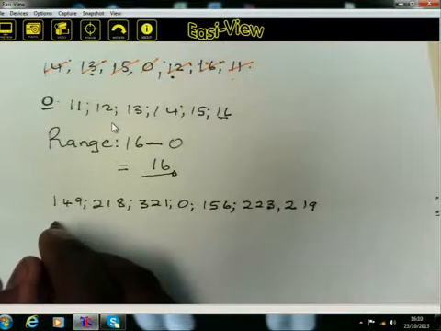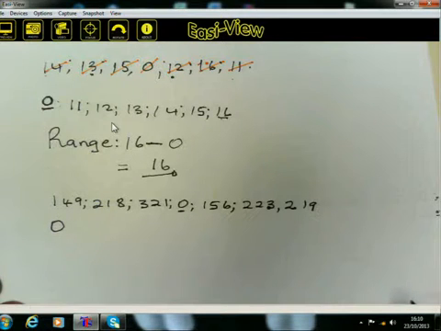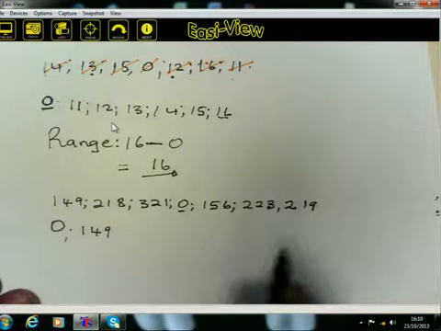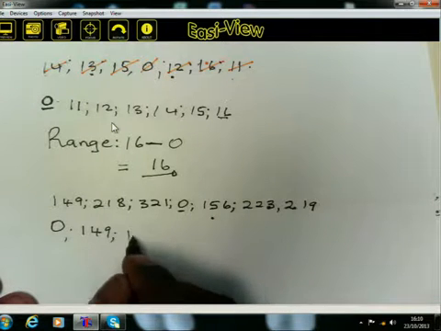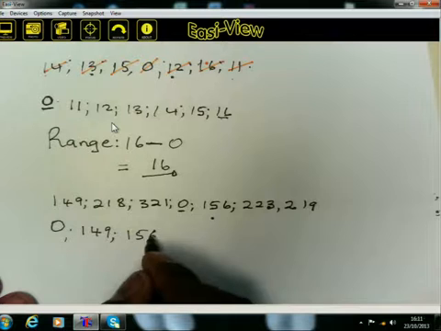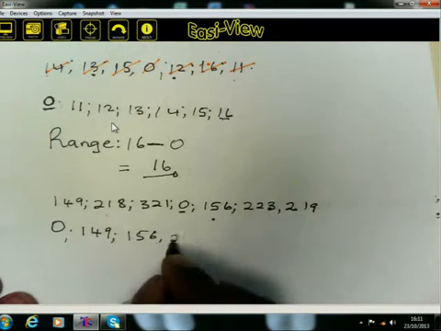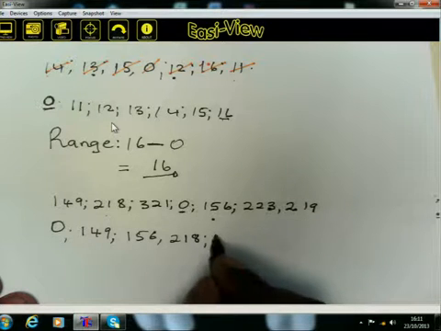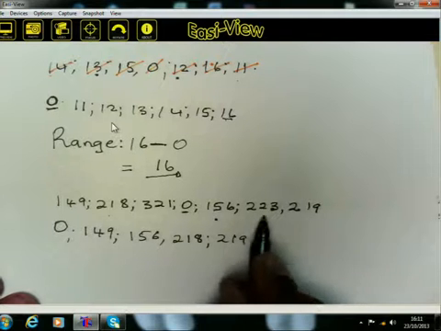Now the first number is 0. After 0 it will be 149, and then 156, and then 218, and then 219, and then 223.